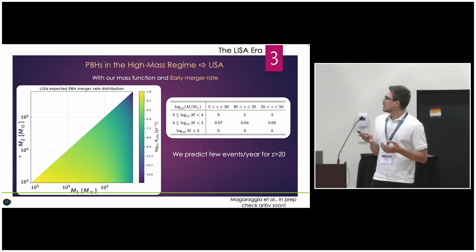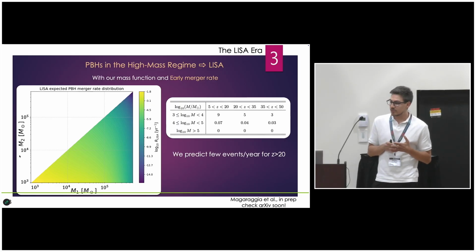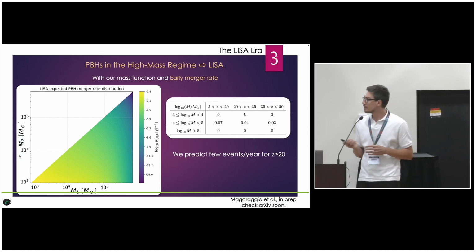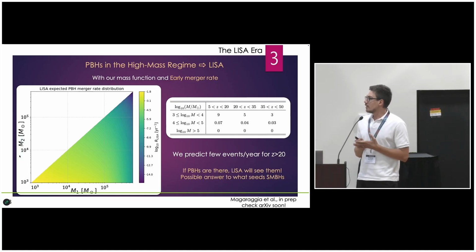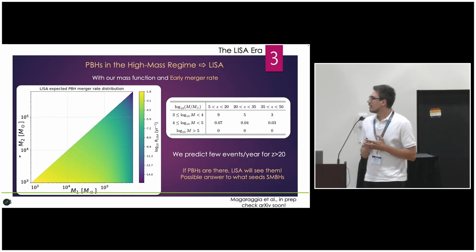The key result here is that we do predict a few events per year for redshift greater than 20. So if primordial black holes are there, LISA will see them.